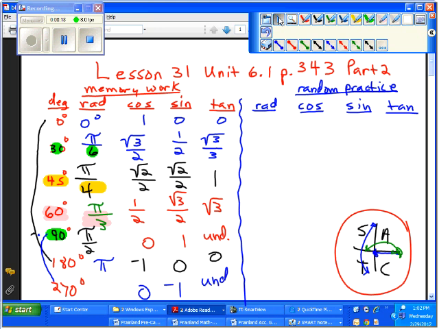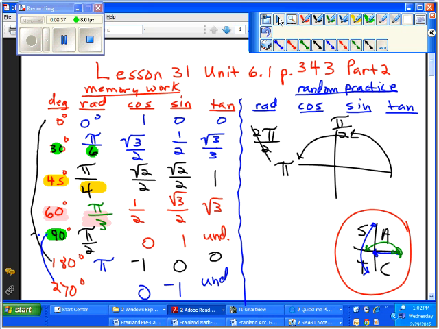What is a radian measure that goes with 270 degrees? Okay, let's think about that. That much is pi over 2. On over to here is another pi over 2, which is 2 pi over 2, which is really pi.